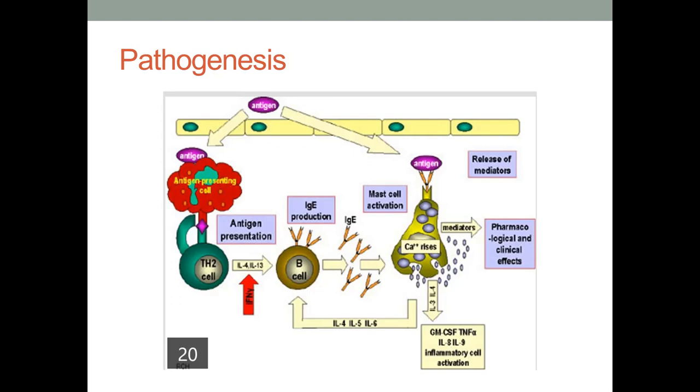These mediators activate B cells, which leads to the production of IgE. Multiple IgE are produced. These IgE combine with the antigen. Antigen-antibody complexes are formed. Then these complexes lead to mast cell activation, combined with the mast cells, which release further mediators and lead to the inflammatory reactions.